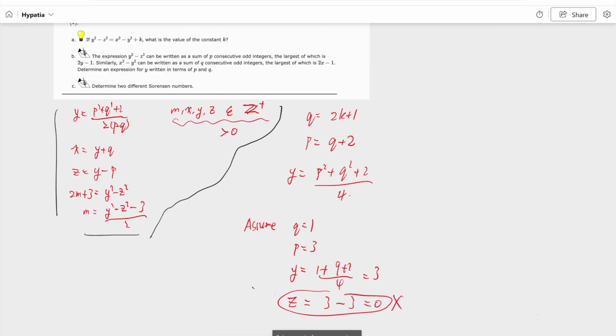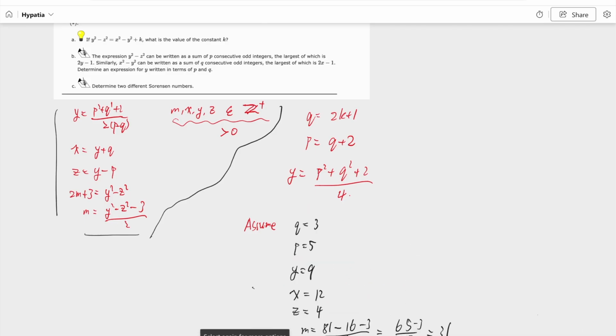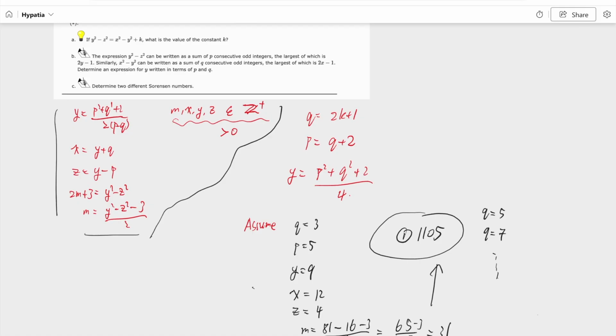When q equals 3, it works, and we get our answer, 1105. For any q that is an odd integer bigger than 1, you can find a corresponding number.